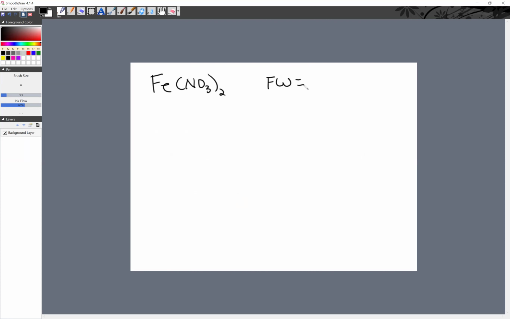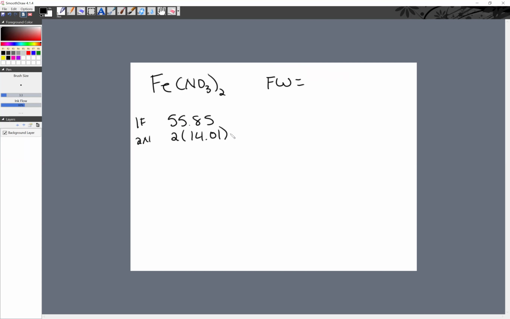Now, the reason I said formula weight is technically it's ionic. All right, so I'm looking on the periodic table and there was one iron and my iron weighs 55.85. One iron. And remember, this is for the whole thing. So there's two nitrogens, so 2 times 14.01.